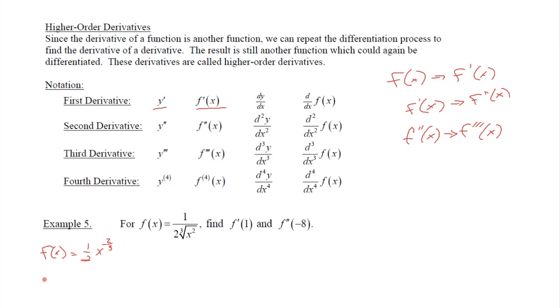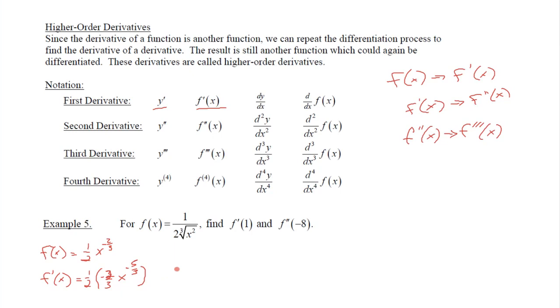The first thing we're going to do is go ahead and look at our f prime, our first derivative. So this is going to be 1/2. The power rule says that we bring our 2/3, so 2 over 3 down, and this becomes x, and then the power value is subtracted by 1. So this ends up becoming a negative 5 over 3.